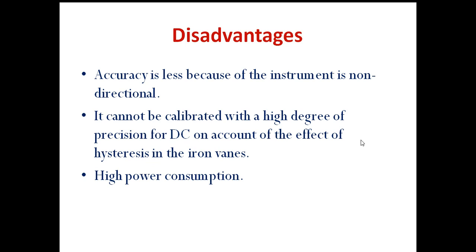As the instrument is made up of iron material, the hysteresis loss will be present. Because of that, there will be some amount of loss. That's why the accuracy is less.